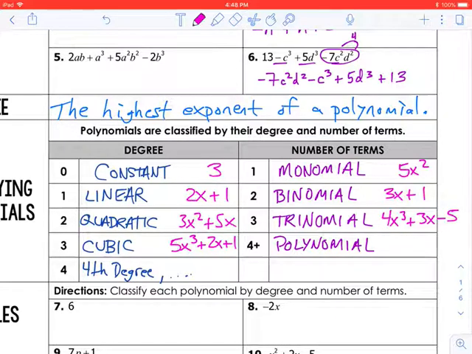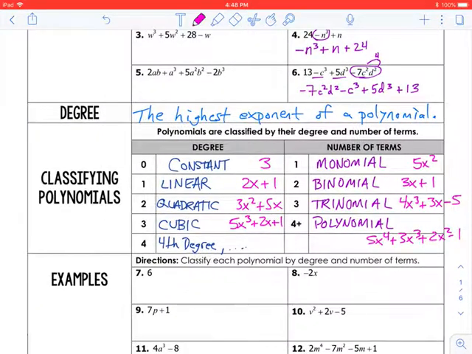And then polynomial would be anything more. So I could have like 5x to the 4th plus 3x cubed plus 2x squared minus 1. That's got more than 3, so that's a polynomial. Okay? So that's degrees and classifying by those names.